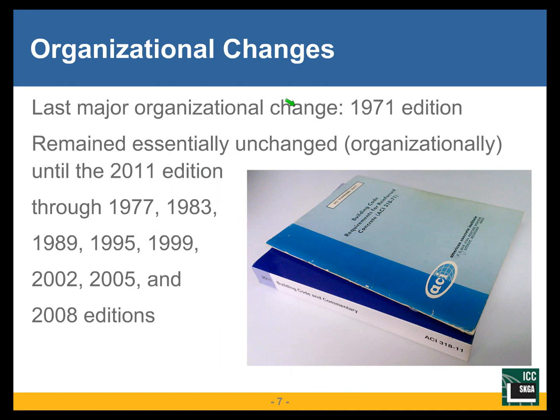The last major reorganization of ACI 318 was from the 1963 to the 1971 edition. This was obviously a long time ago, and that was a pretty drastic reorganization. The organization of ACI 318-71 remained essentially intact through the 2011 edition of ACI 318.